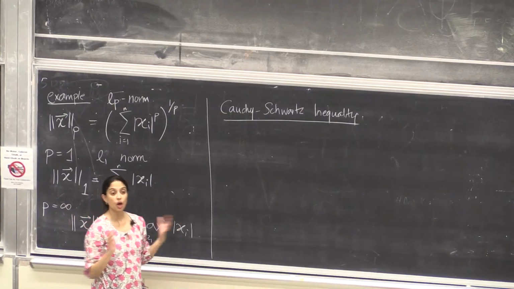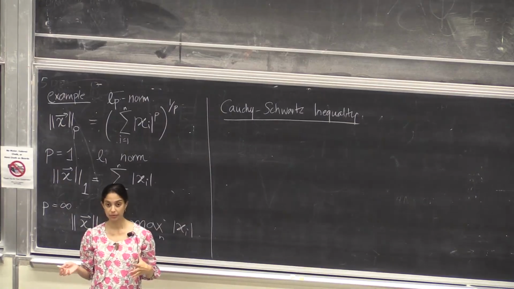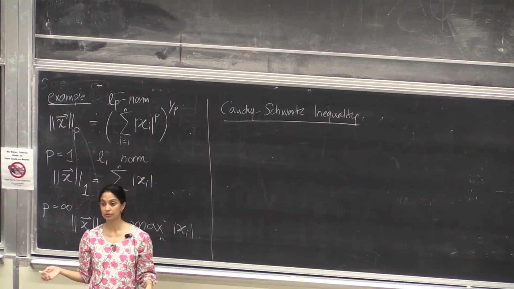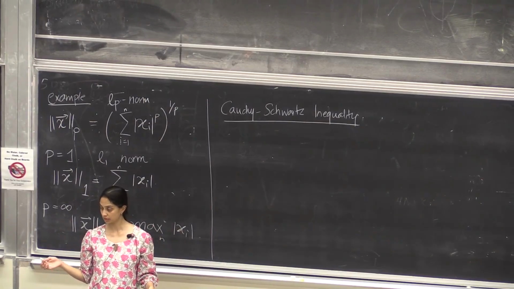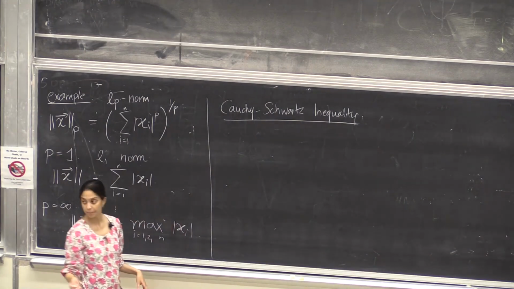It talks about the dot product of vectors in the context of the norms of the vectors, right? Anyone remember what it is? Just shout it out. The norm of the inner product of 2 vectors is less than or equal to the norms of the 2 vectors.